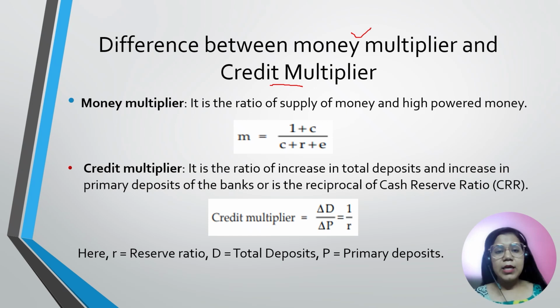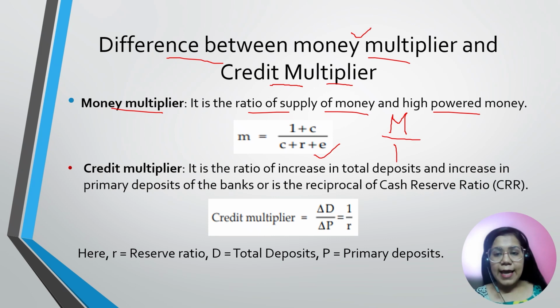So what is the difference between these two? See, money multiplier was the ratio of the supply of money and the high powered money, which we had written as 1 plus C upon C plus R plus E. Or we could also write it as supply of money upon the high powered money.